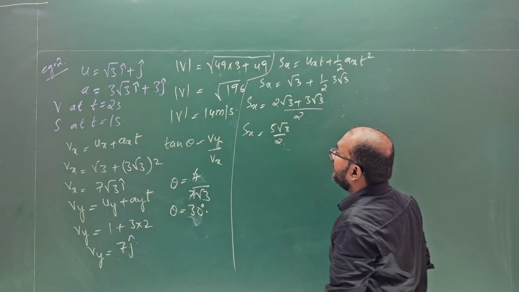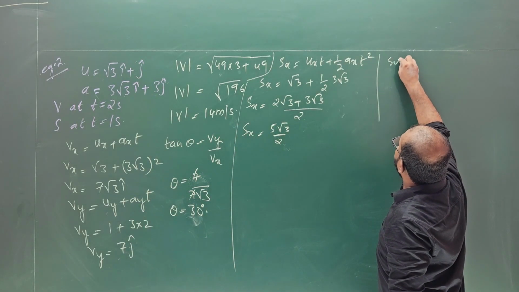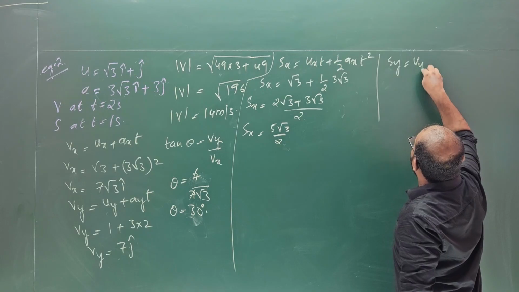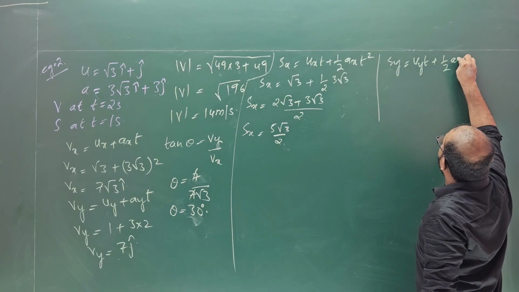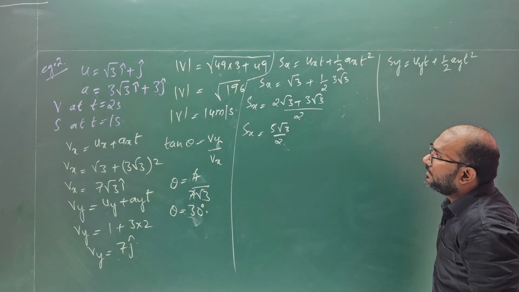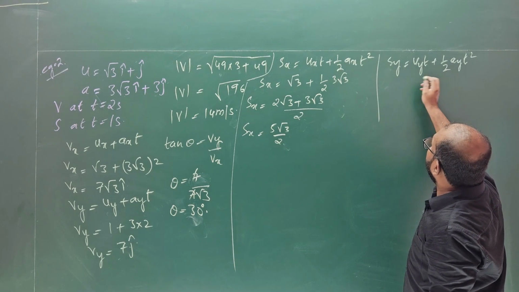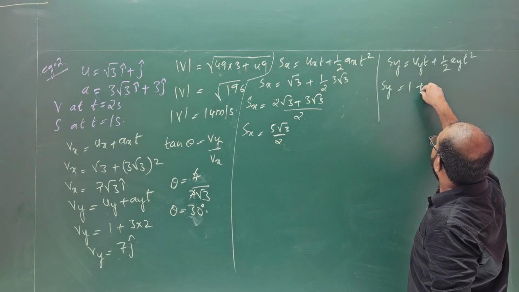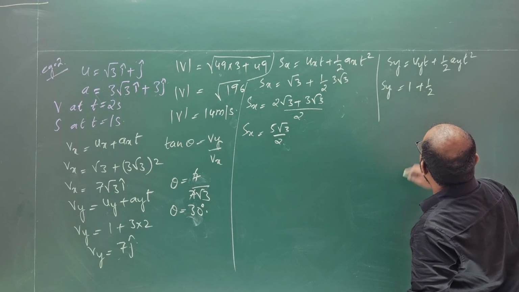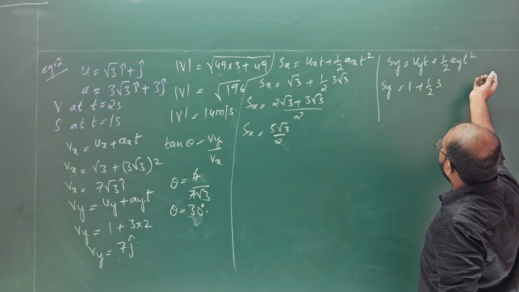Similarly, calculate the Sy. Sy is equals to uyt plus half of ayt squared. And uy is 1 into 1, that is 1 only. So 1 plus half of acceleration over there is 3, and time is again 1.